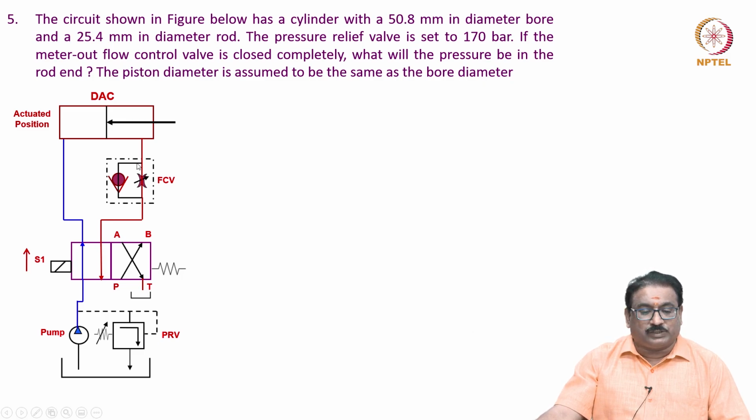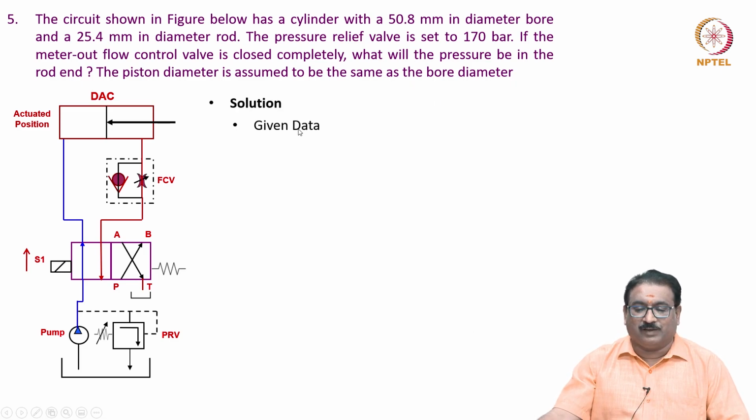If the meter out flow control valve is closed completely, because you will see here the meter out outflow is controlled, what will the pressure be in the rod end?